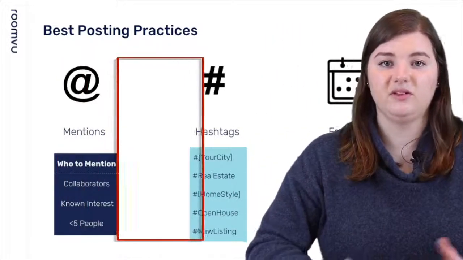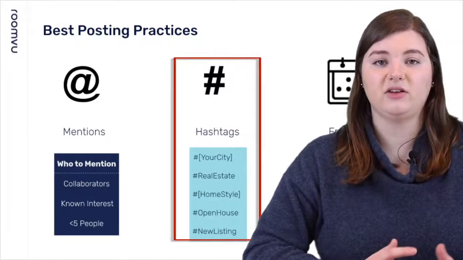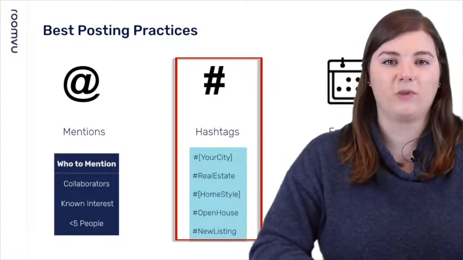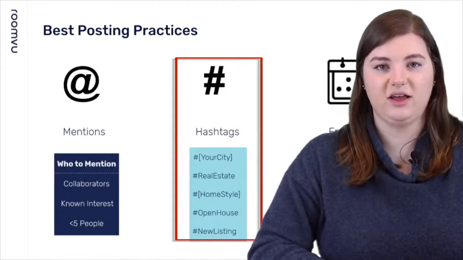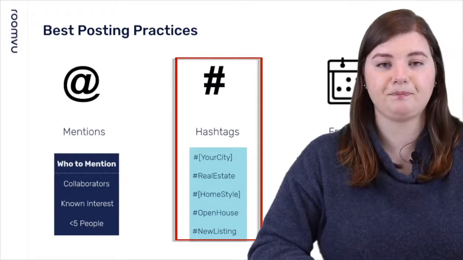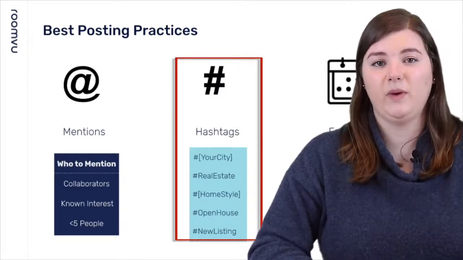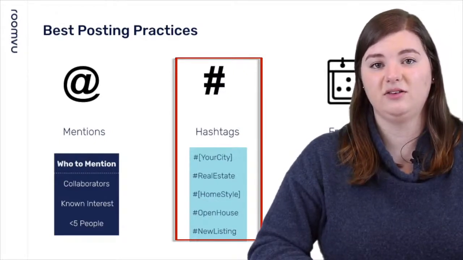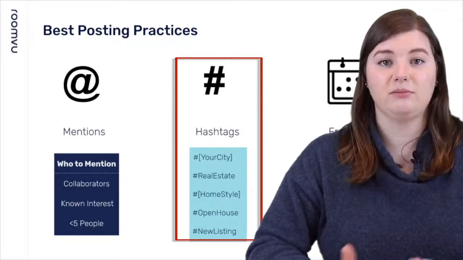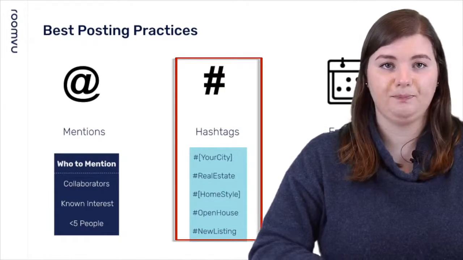Another thing that you can do that's similar to mentions is the effective use of hashtags. So we've talked about this before as well. Hashtags are a great way to make sure that your content connects with as many people searching for it as possible. And it's a way for your content to extend its reach without you having to do anything besides including these hashtags.